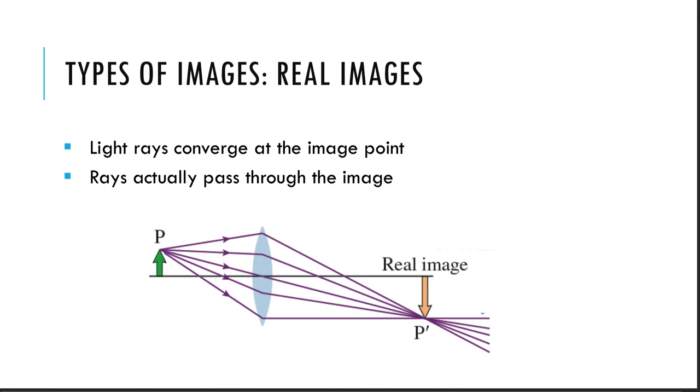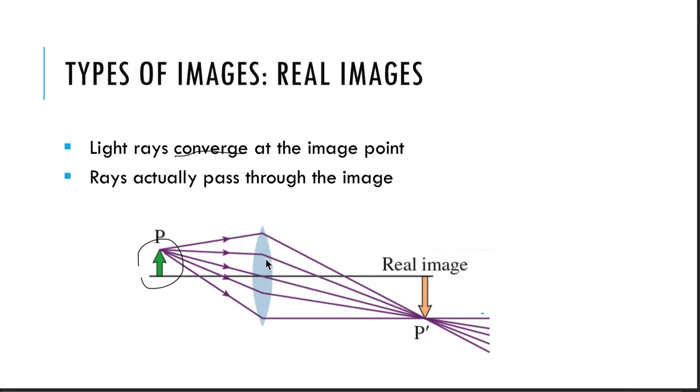So when we're looking at lenses and mirrors, there are two different types of images that are going to be formed. The first type is called a real image. This is what you're used to. Real images are formed where the light rays converge. You can see in this lens here, all of your rays of light originate from this object, and we're often going to represent our object as an arrow.